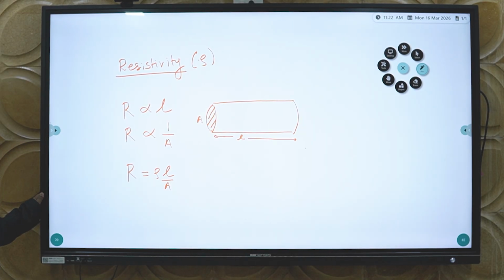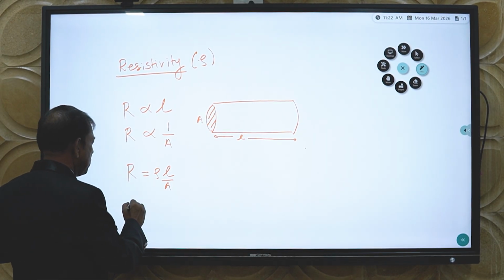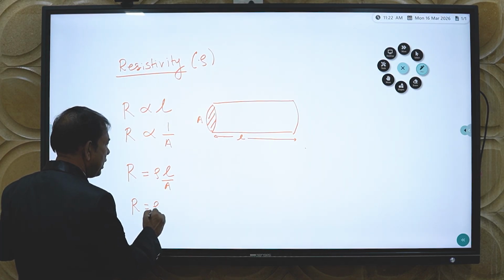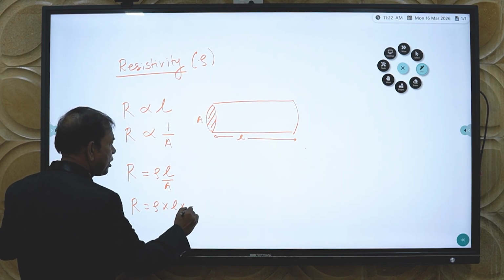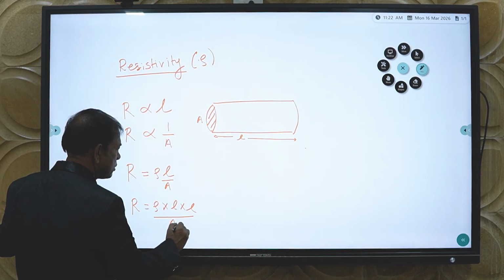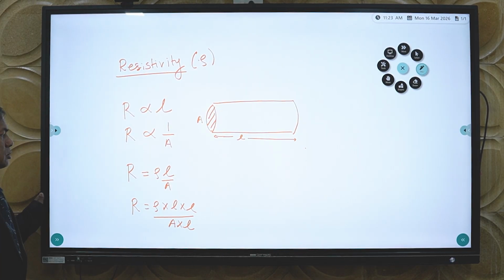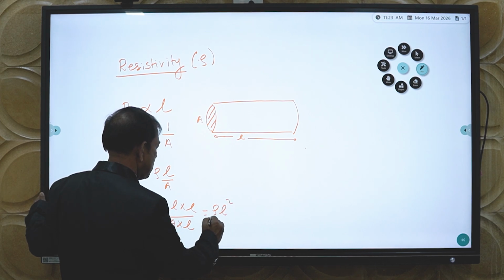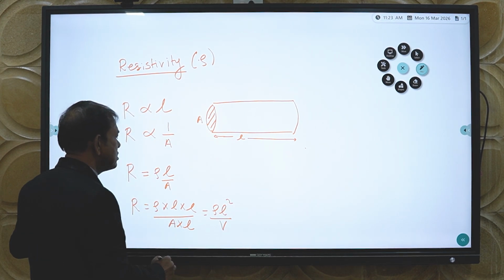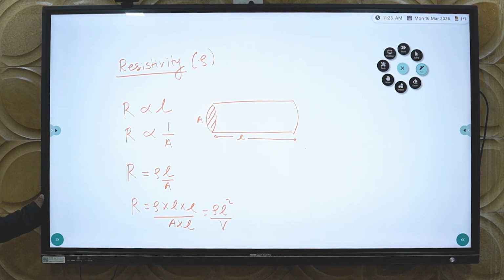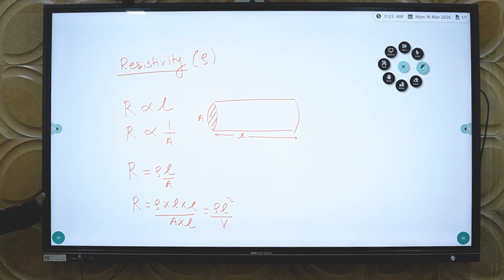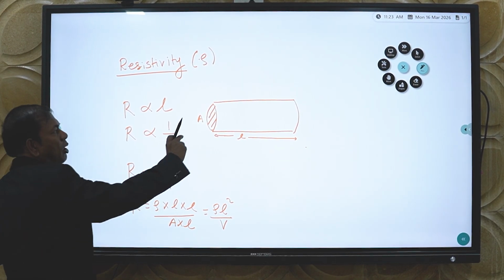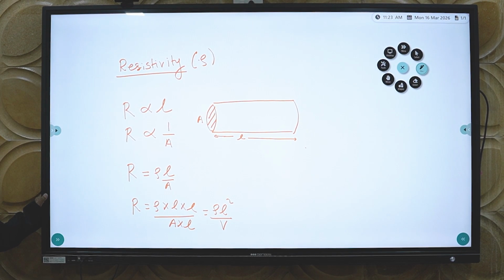This resistance can be written in terms of volume. How? I can multiply the numerator by L and denominator by L like this, so that this gives you rho L square upon the volume. V is the volume here. So the resistance is written in terms of volume. If we are stretching or extending this resistance to a new length, the volume remains constant.